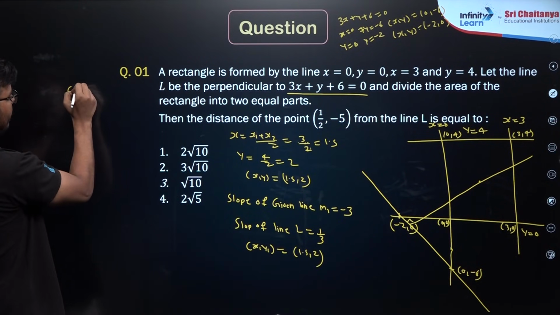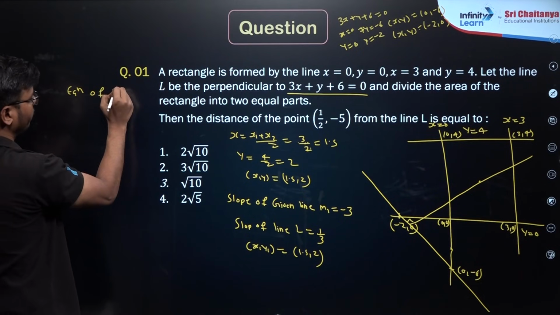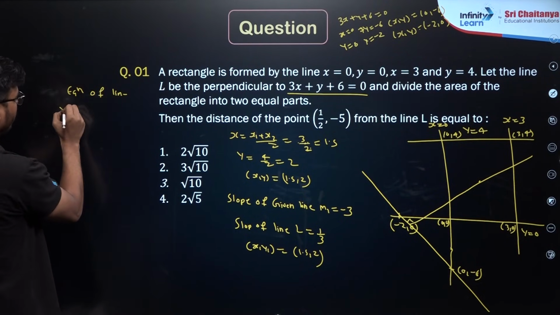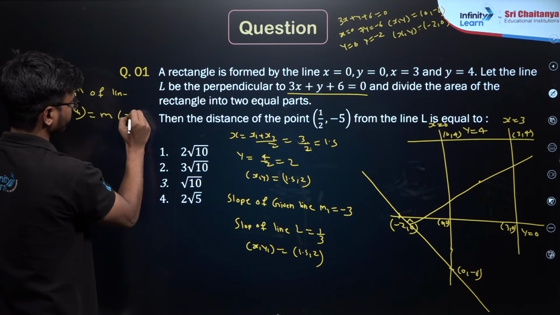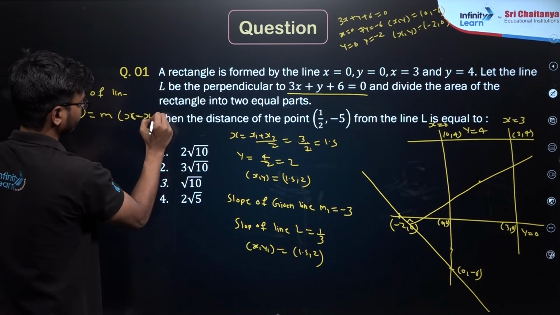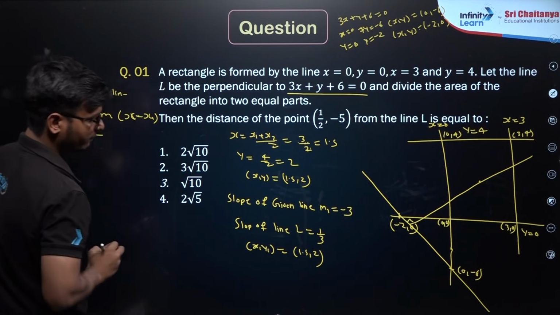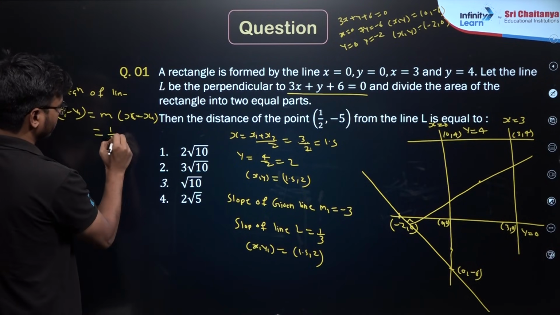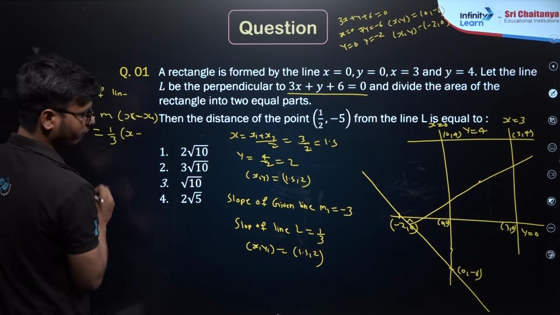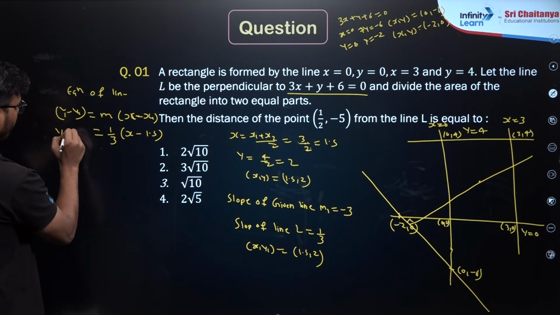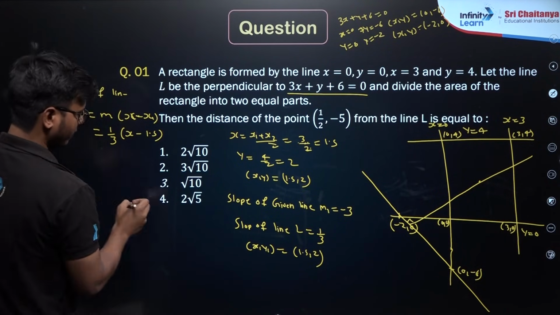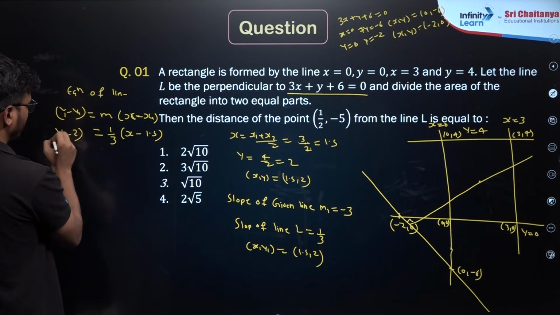When I write the equation of the line, it is going to be y minus y1 equals m times x minus x1. The value of m is nothing but 1 by 3, the value of x1 is 1.5 and the value of y1 is 2. Correct?